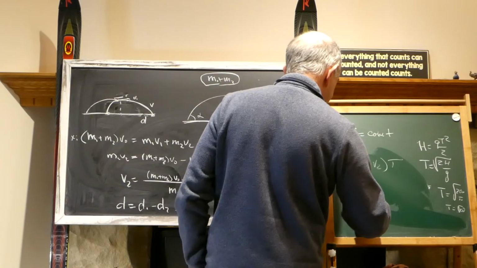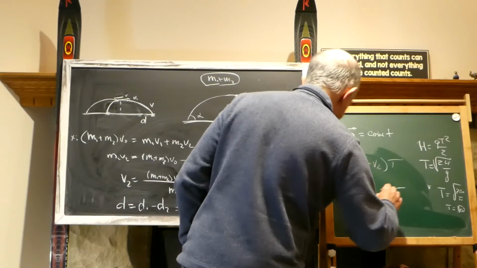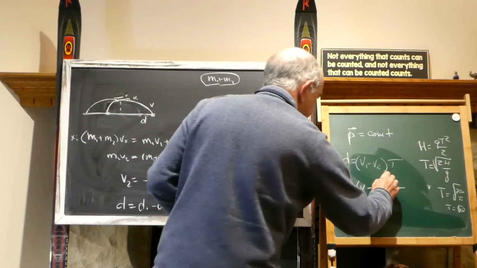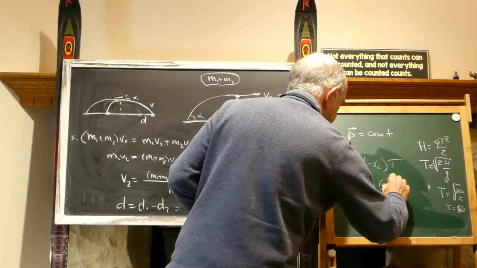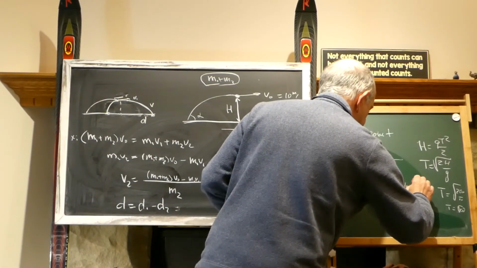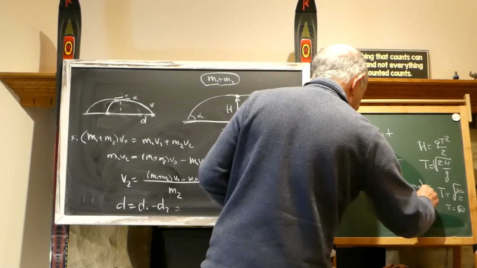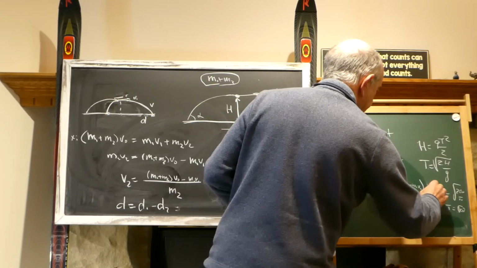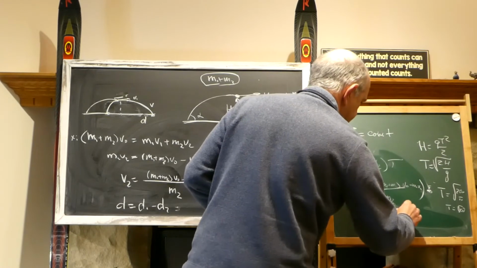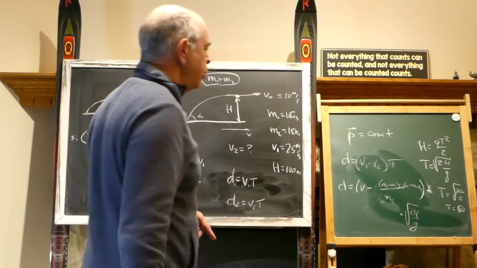And I can plug in those numbers, v1 and minus v2, I put it here in the form of m2 over m1 plus m2, bracket v0 minus m1 v1, right, bracket, and I can multiply here by the same t. So I can multiply by the square root of 2h over g. And this would be my formula.